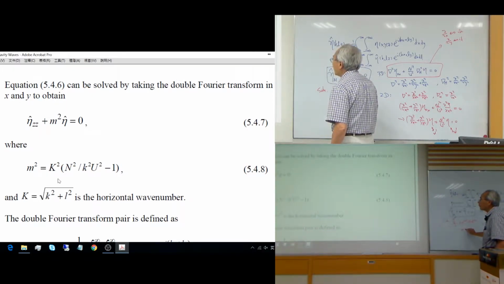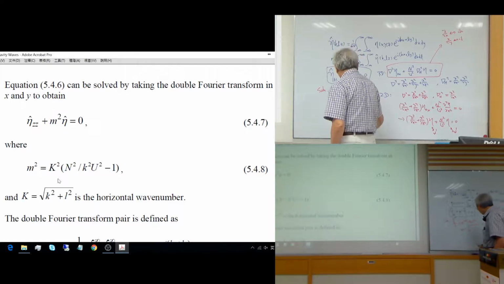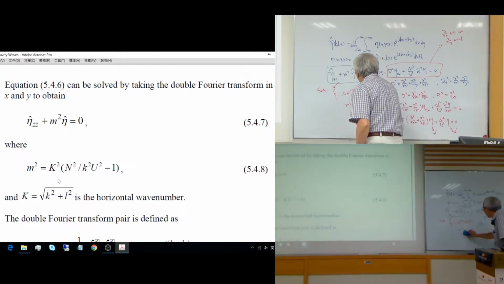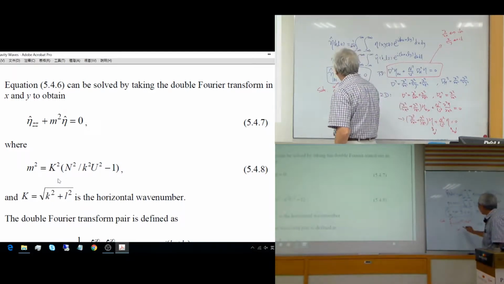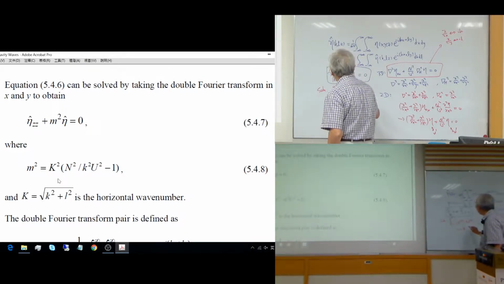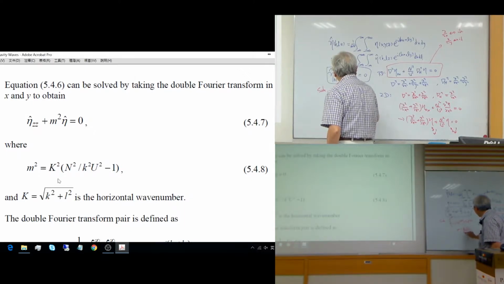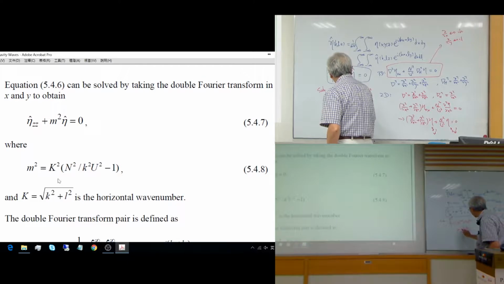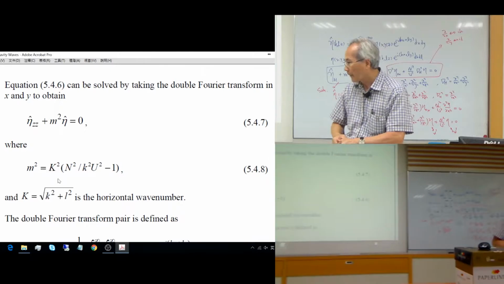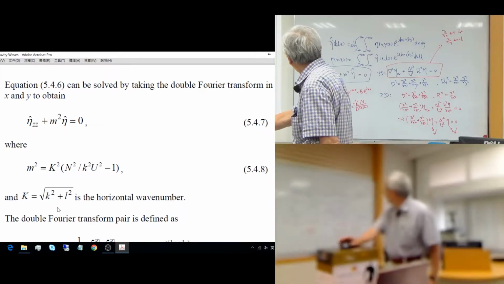And m will simply be equal to kappa times N divided by the square root of k squared U squared minus 1, and here we have positive or negative.